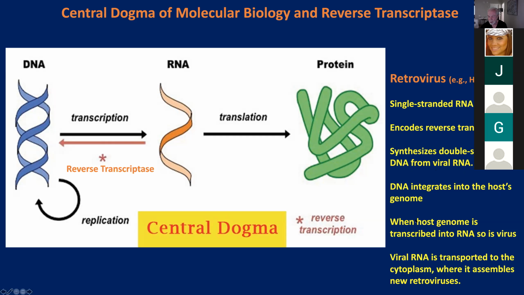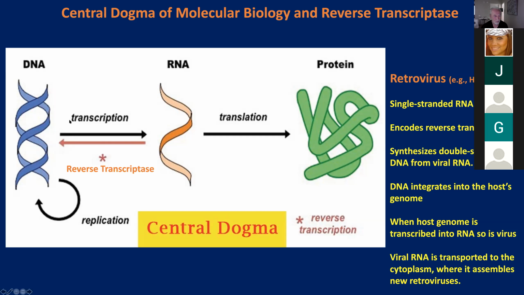So when the host genome transcribes its own RNA, it also transcribes virus RNA. And that viral RNA is transported into the cytoplasm where it starts making new virus particles. So that's the life cycle of a retrovirus. The important thing for our purposes is reverse transcriptase.